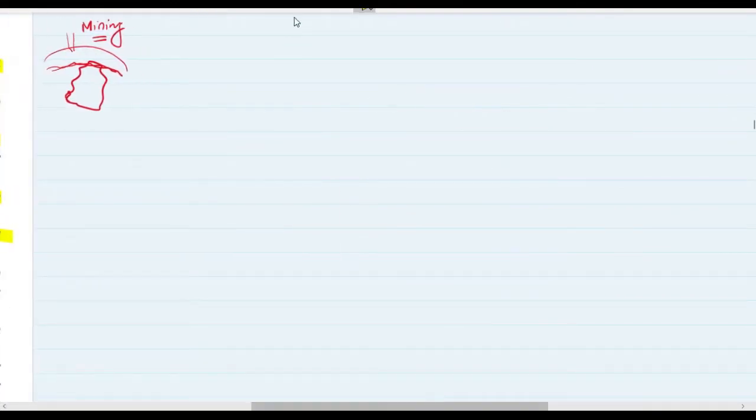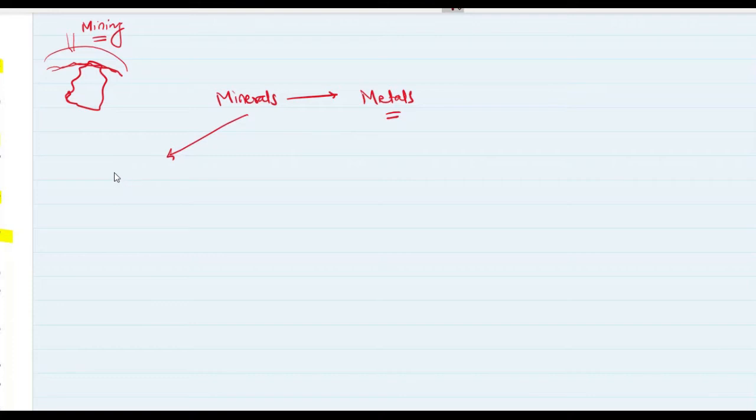I told you that minerals are like huge rocks which are extracted with the help of mining, and from the minerals metals are extracted. But you know, all minerals are not useful. There are some minerals which contain less metal and more gangue.